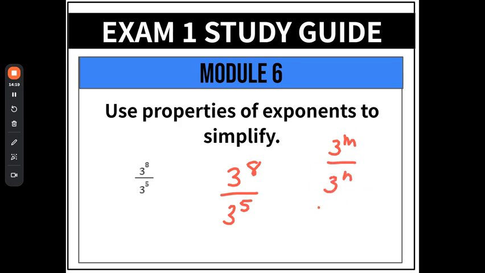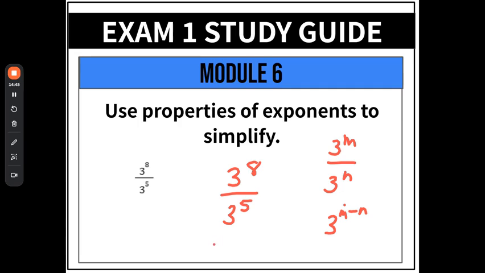whenever we have exponents in a fraction like this and they have the same base, we can actually rewrite this as 3 to the m minus n, both in the exponent. This only works, however, if the bases are the same. So since the bases are the same here, we are going to use this property.